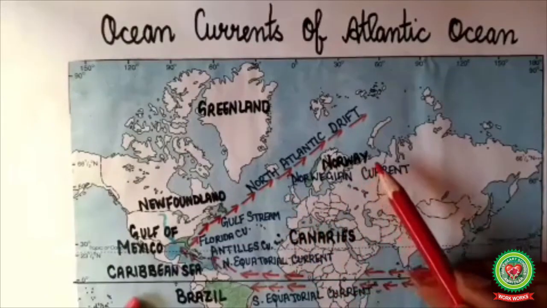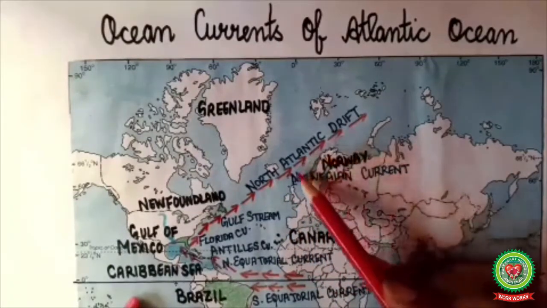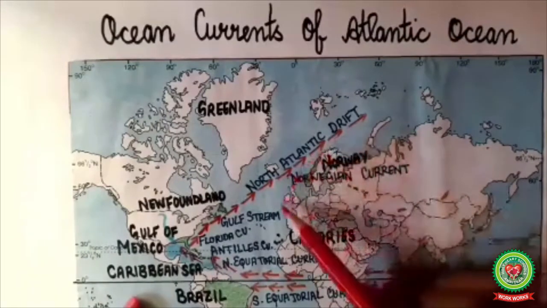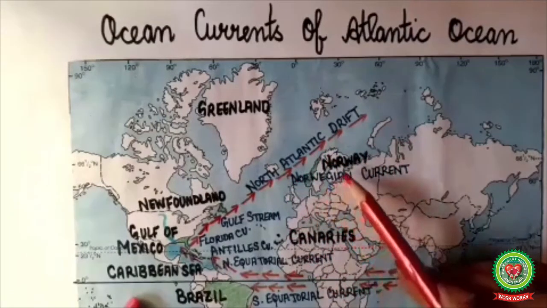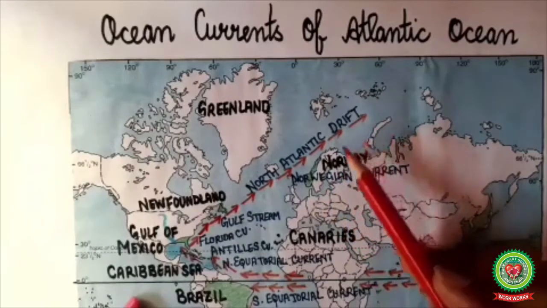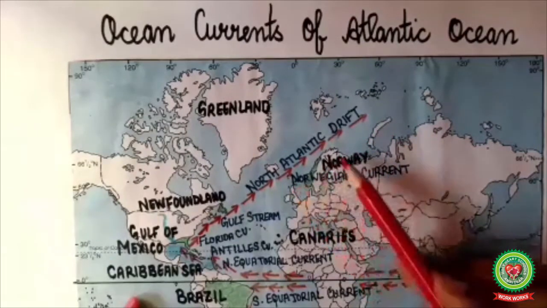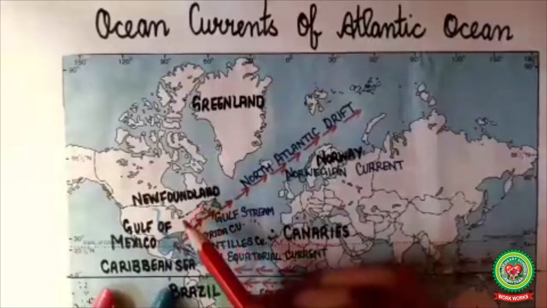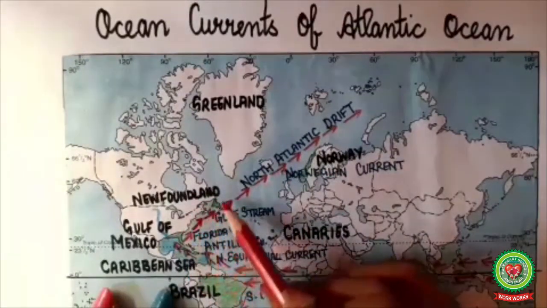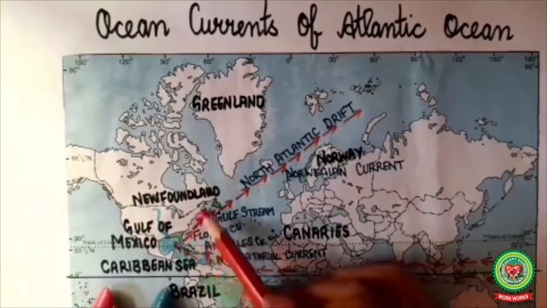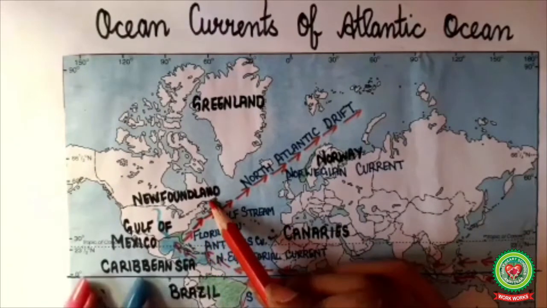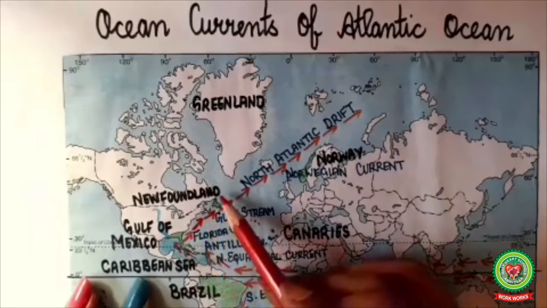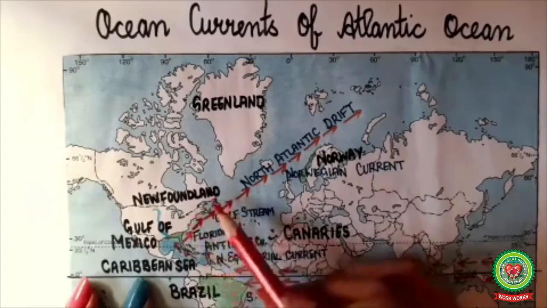Hence, the seaports of Europe are open even in the winters as all the ice melts due to the warm North Atlantic Drift, whereas at the same time the seaports of the eastern coast of North America, that is USA and Canada, remain closed in winters because their seaports are frozen. They freeze due to low temperature.